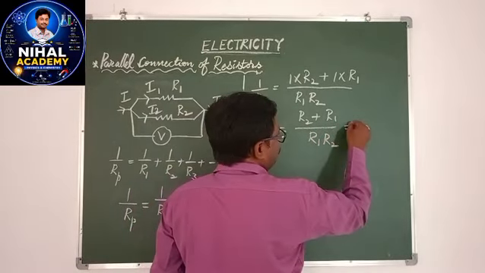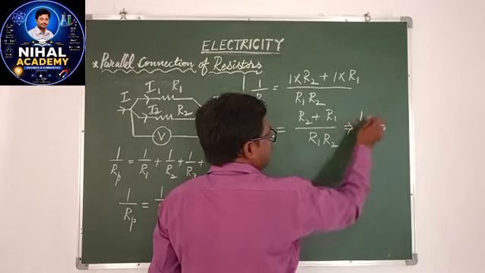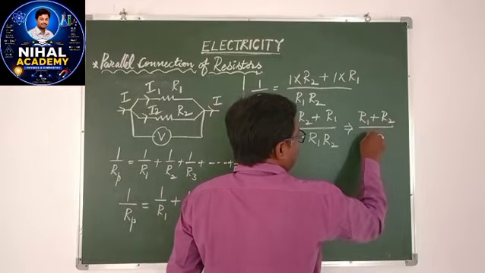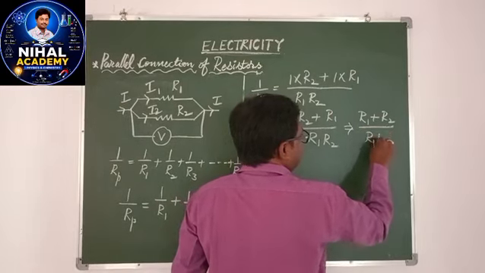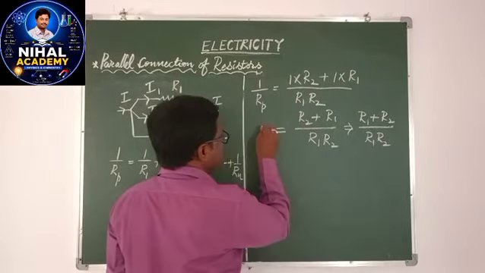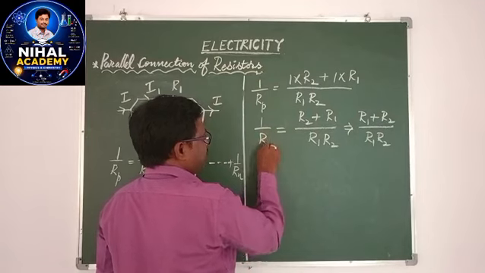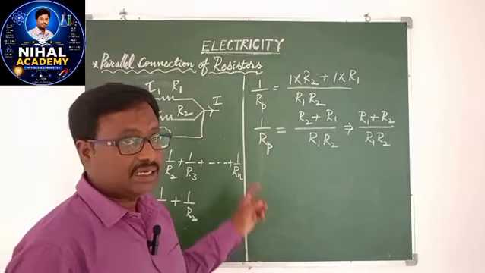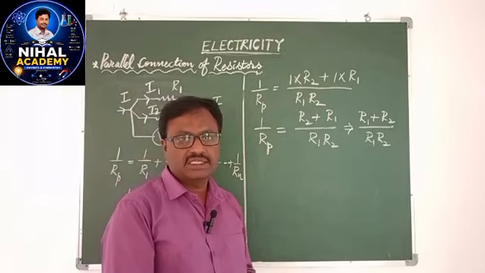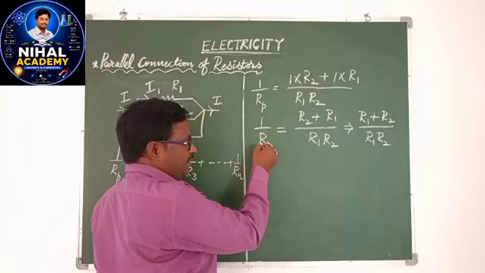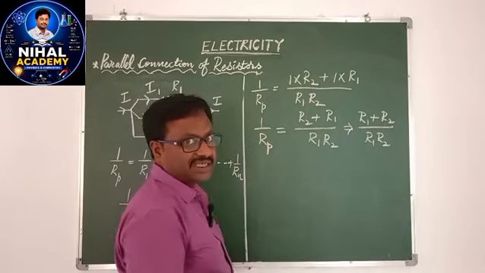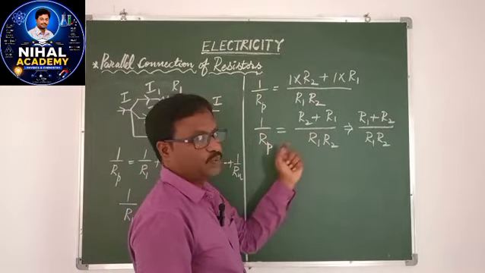This is equal to R1 plus R2. We can write it as R1 plus R2 by R1 R2. This is 1 by Rp. We want the resultant resistance or total resistance, that is Rp. We got the value of 1 by Rp, so we have to take the reciprocal of this value.